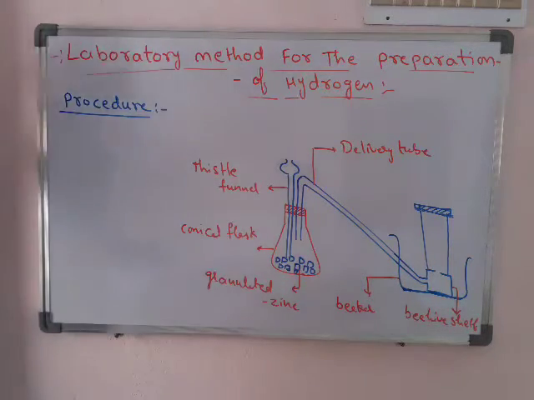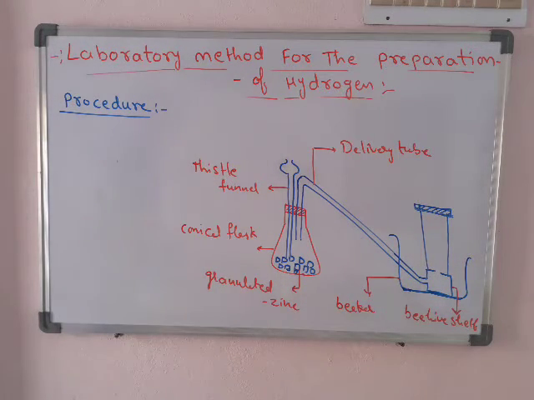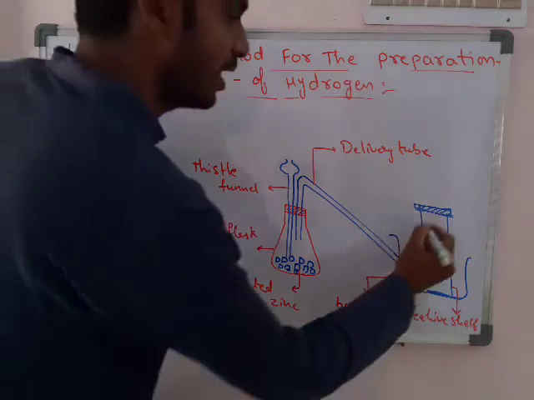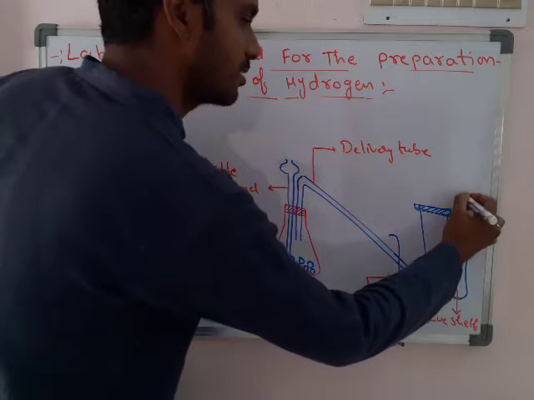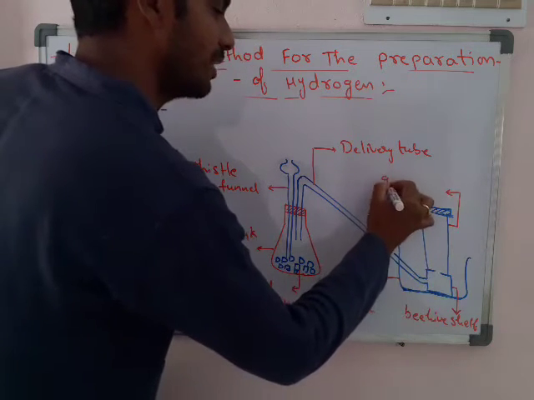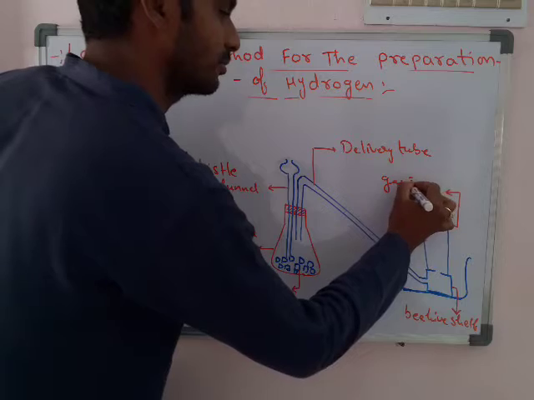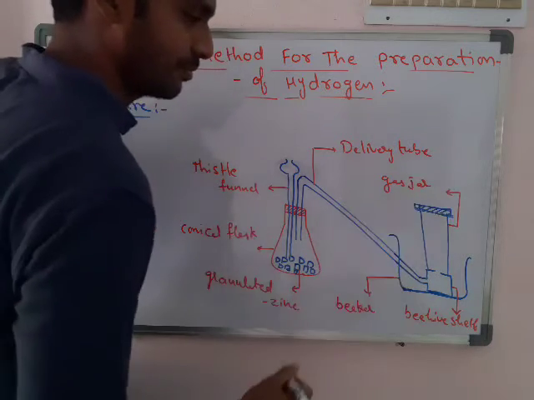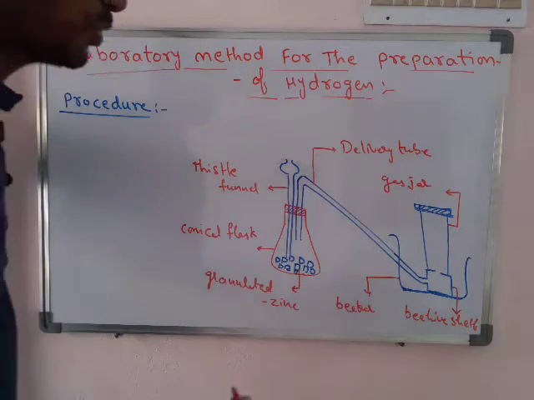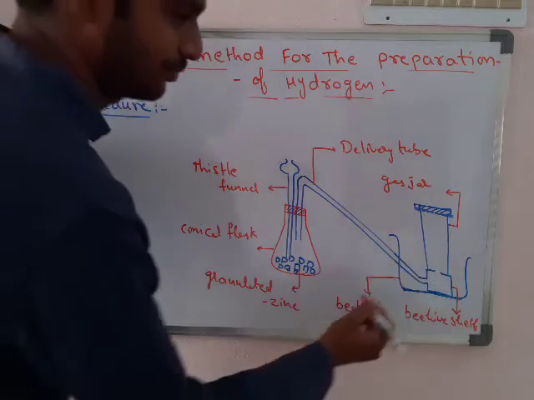It's called beehive shelf. In many experiments, we use the beehive shelf. Next, this is called the gas jar. Okay. Next, we have to take water in it.